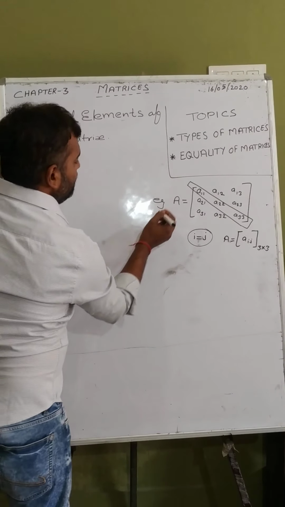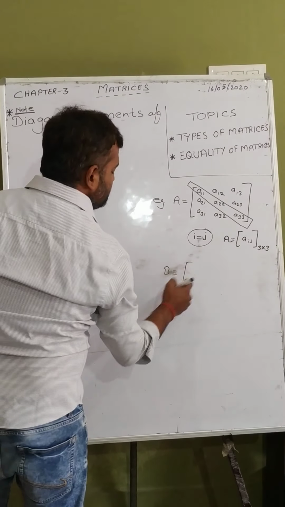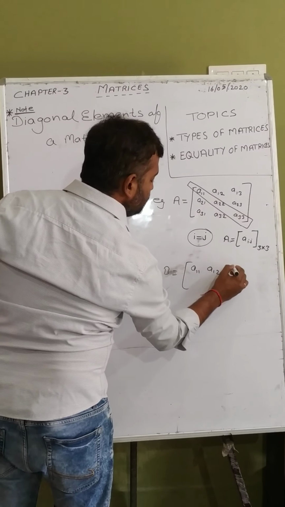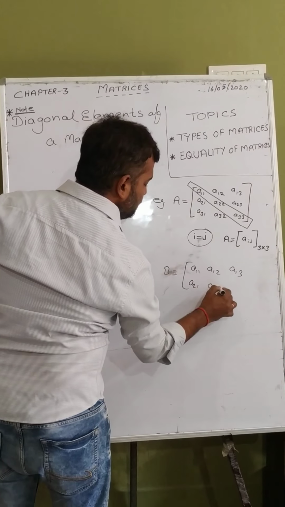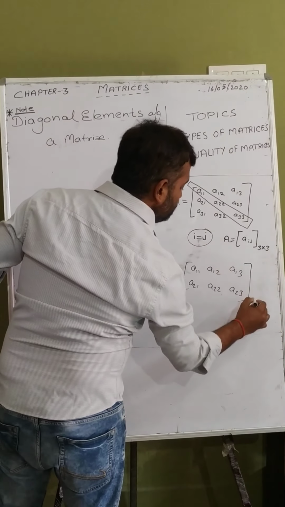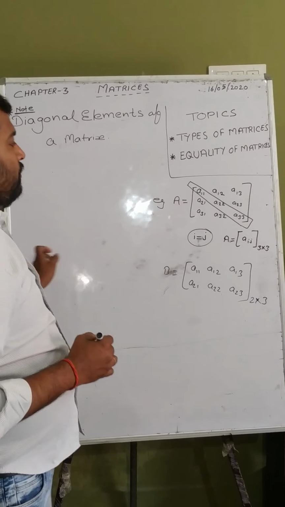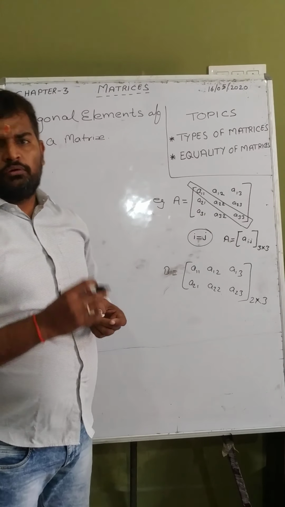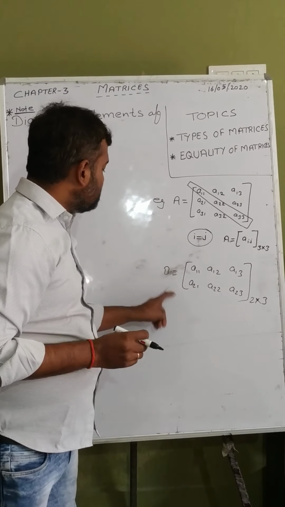Now a general question arises here. Let us consider another matrix B having a11, a12, a13, a21, a22, a23, and this is a 2 by 3 order matrix. In a square matrix, these are said to be the diagonal elements. My question is, do we have any diagonal elements in this matrix B?